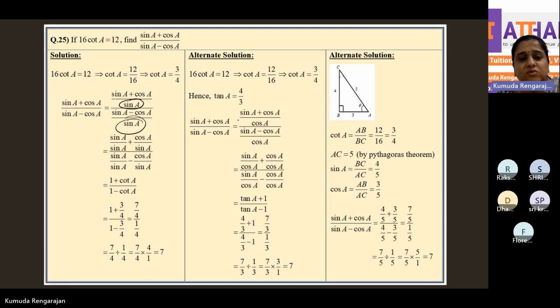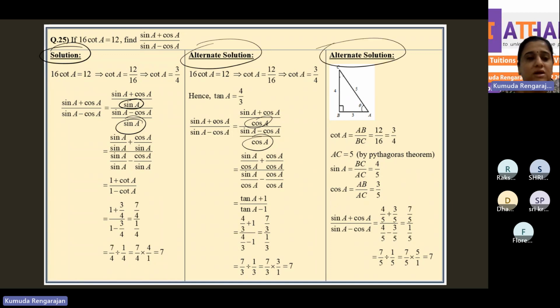Then in the next one, I've divided by cos. And in the next one, I've used the right triangle.